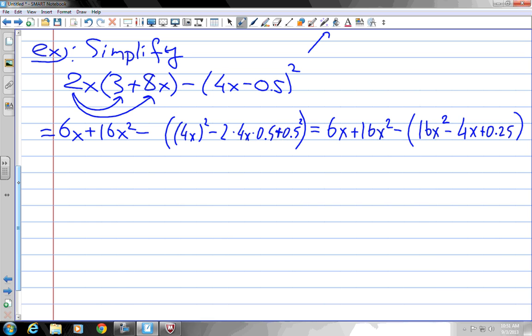So now we can open up those parentheses, distribute that negative, see what happens. And good things will happen. 6x plus 16x squared. And then distribute the negative, so that gives you negative 16x squared plus 4x minus 0.25.